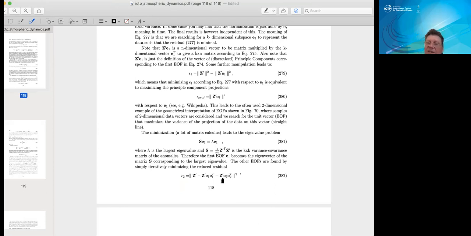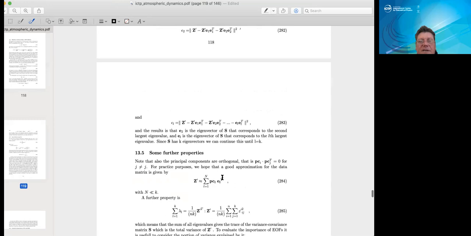So we go iteratively on like this until we have explained the whole data set. And it turns out, since this matrix S is a k times k matrix, it has k eigenvectors, so we can find k of these eigenvectors.